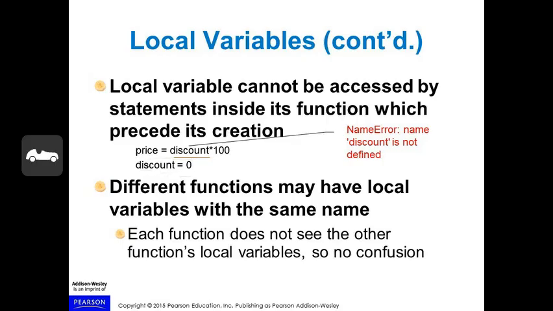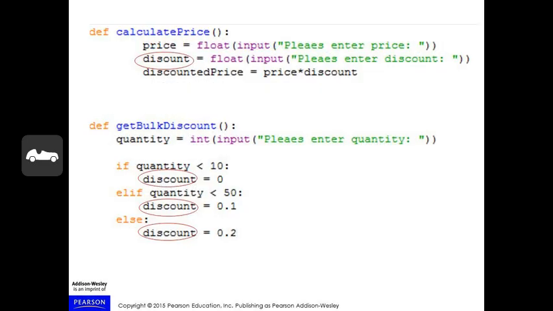And because a function's local variables are hidden from other functions, other functions may have their own local variables with the same name. For example, these two functions, calculate price and get bulk discount, both define a local variable called discount. But these two discounts are different.